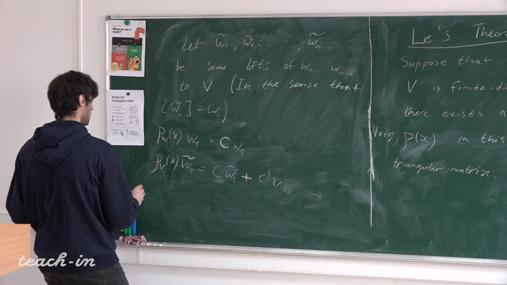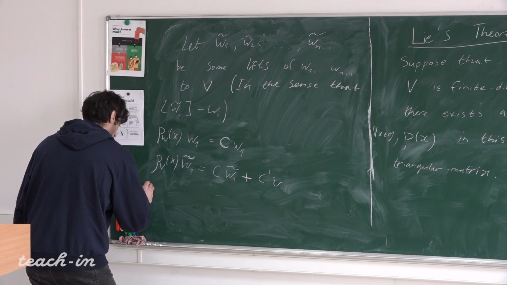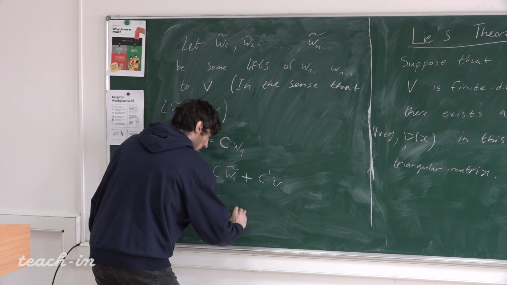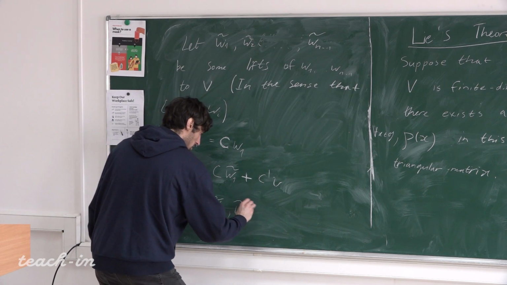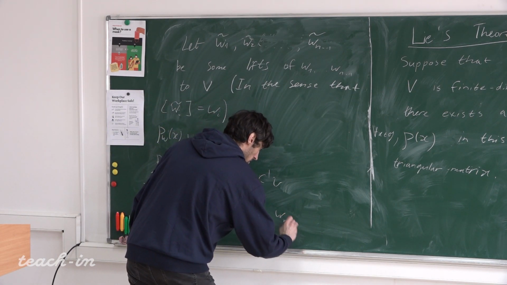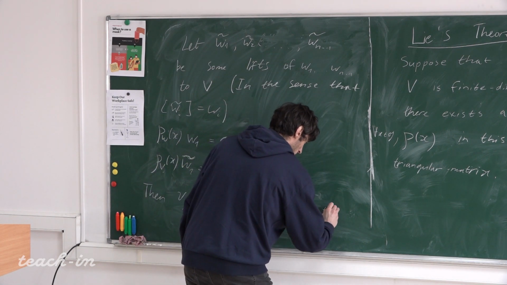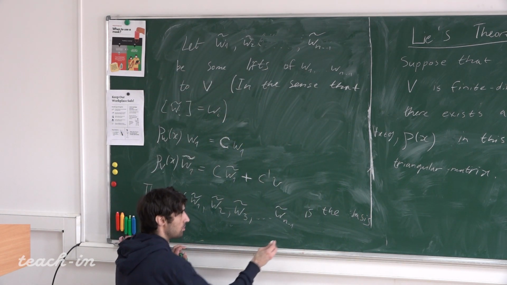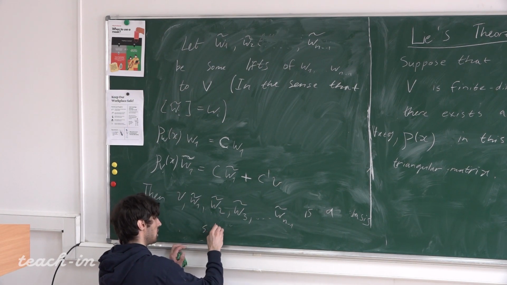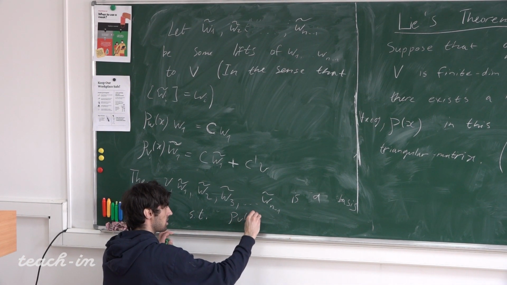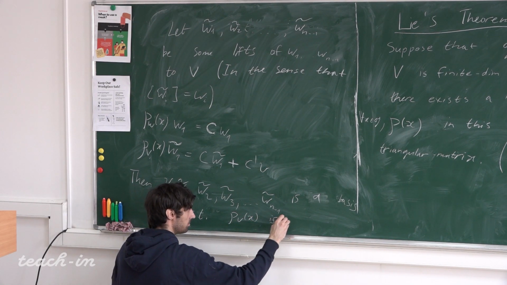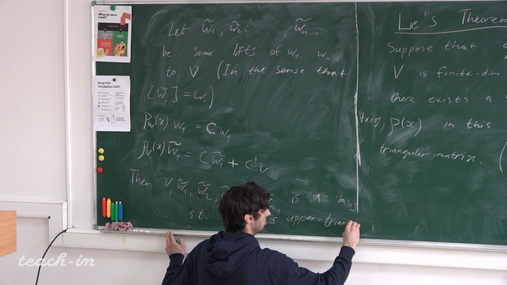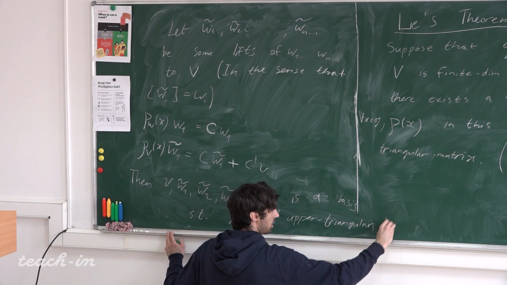So the conclusion is that V, W1 tilde, W2 tilde, W3 tilde, and so on, is a basis such that rho V of x is upper triangular for every x in g.